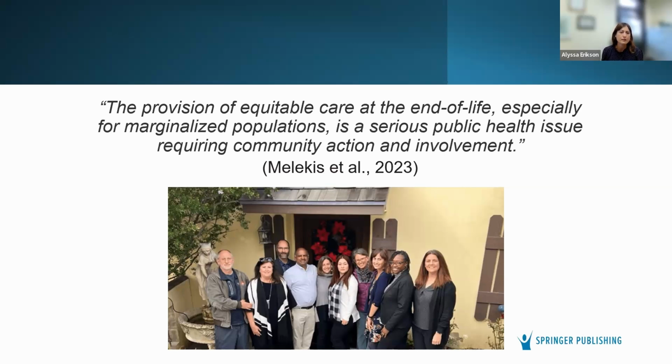And this group is palliative care physicians, a hospice doctor, palliative care pharmacists, and hospice nurses that really could see the need in our community.